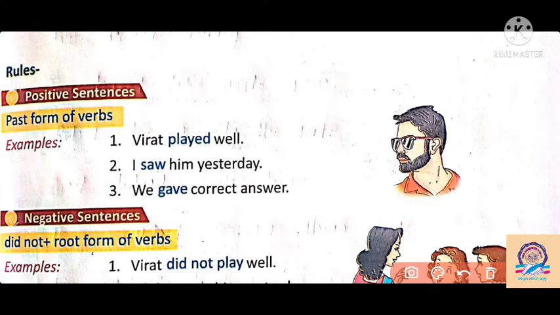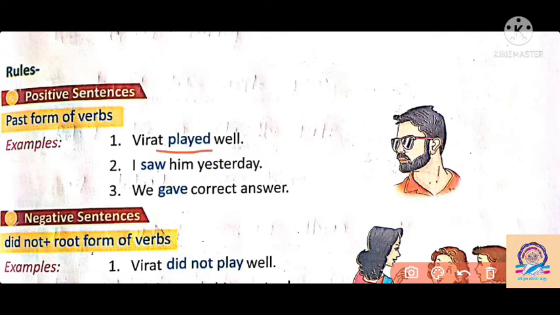Whatever change occurred in the tense, we have to change in the verb, because we cannot make any sentence without a verb. Like, Virat plays well. So play changes into played here.